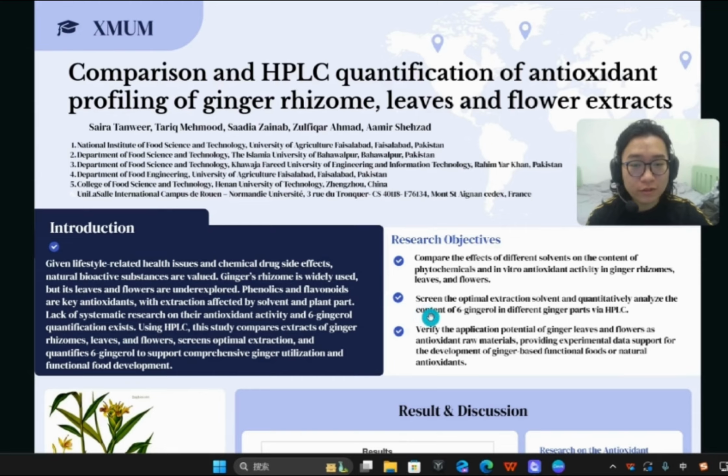The second one is screen the optimal extraction solvent and quantitatively analyze the content of 6-gingerol in different ginger parts via HPLC. And the last one is verify the application potential of ginger leaves and flowers as antioxidant raw materials, providing experimental data support for the development of ginger-based functional foods or natural antioxidants.